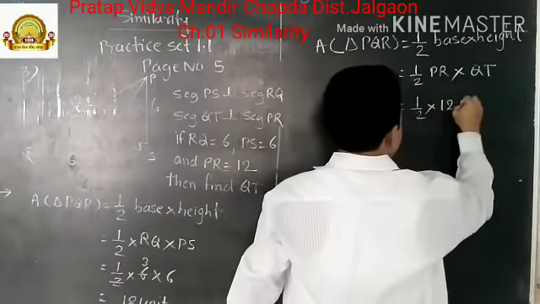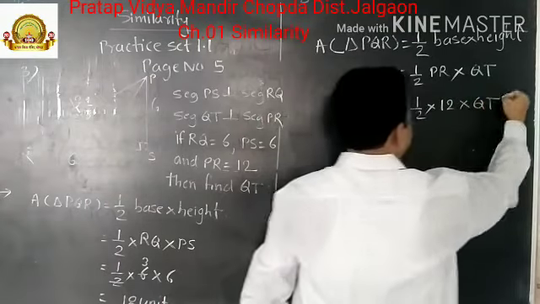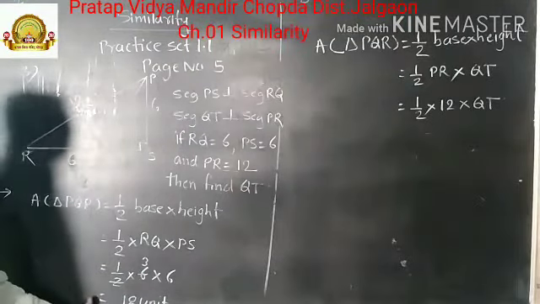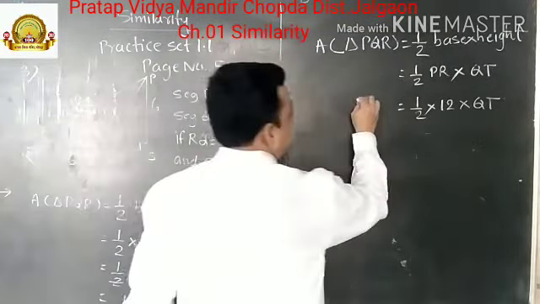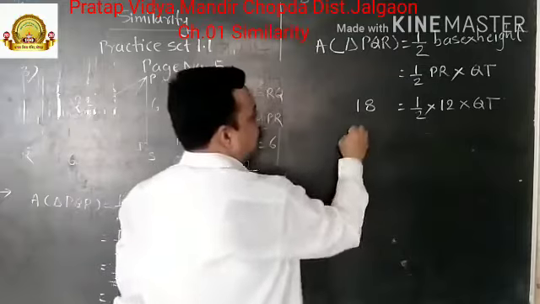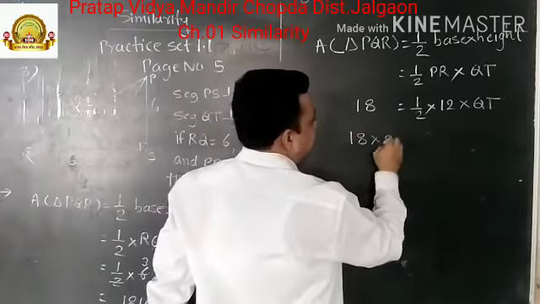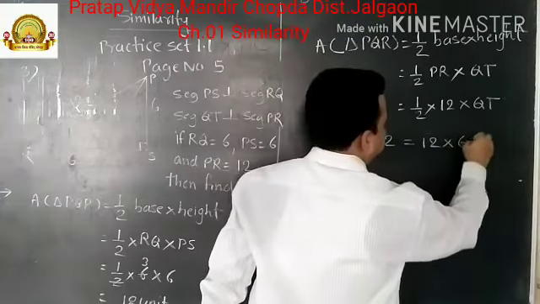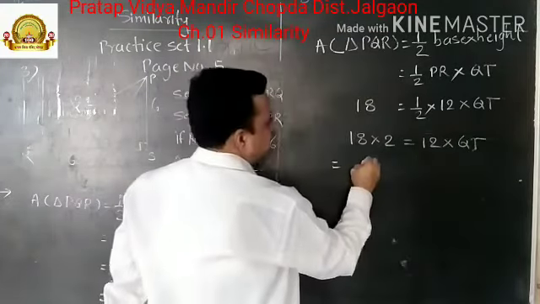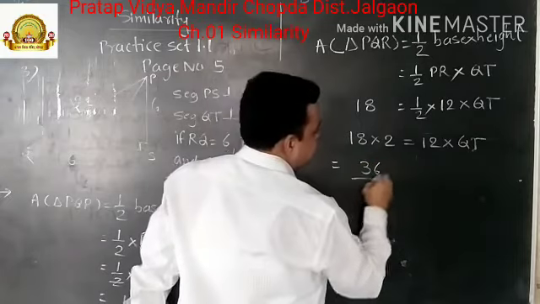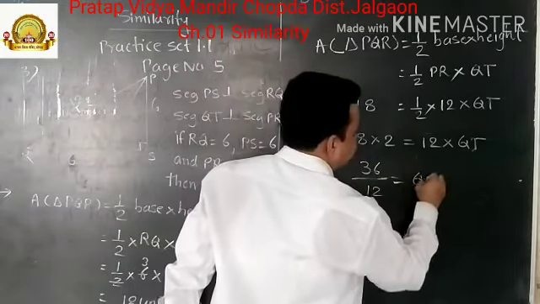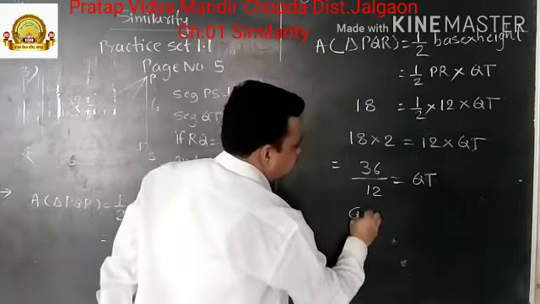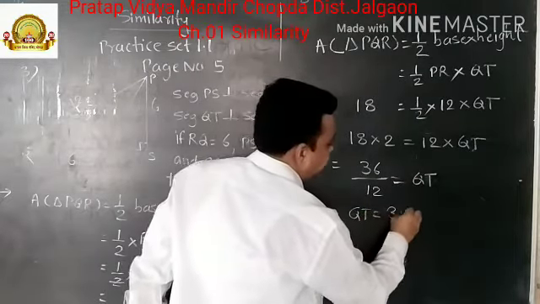It is 12. We have to find out the value of QT. But we know the value of the area of triangle PQR, that is 18. Put this value in the formula. 18 into 2 is equal to 12 into QT. So 36 upon 12 is equal to QT. So QT is equal to 3 units.